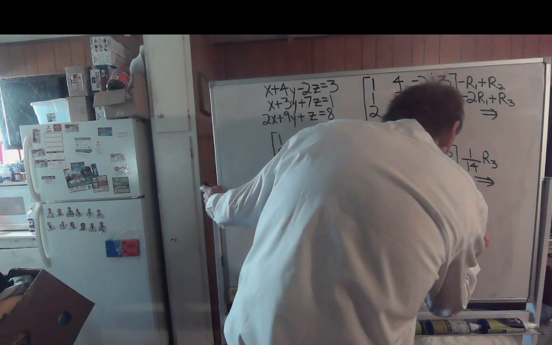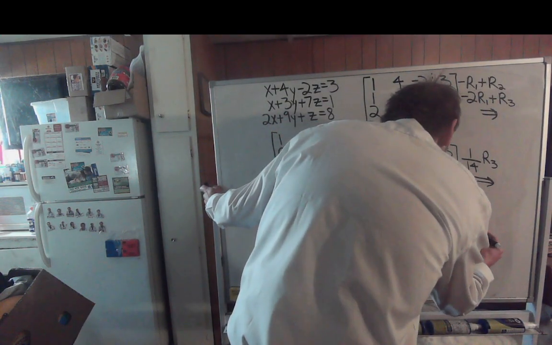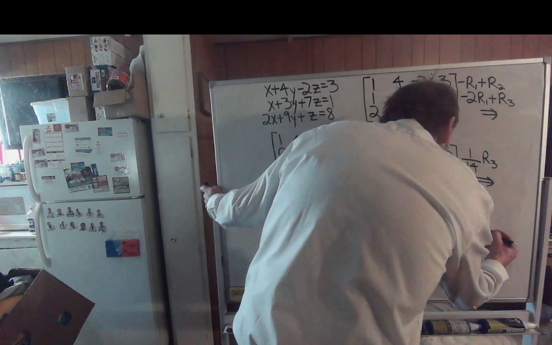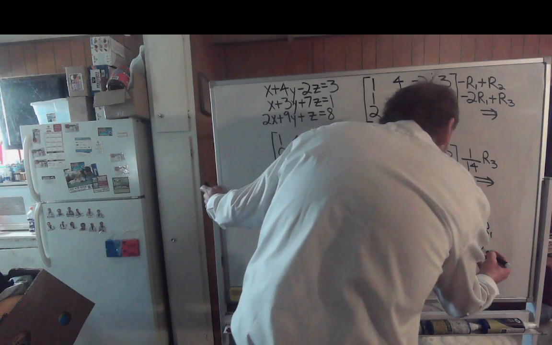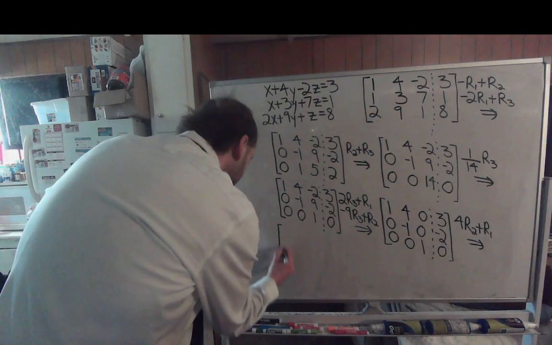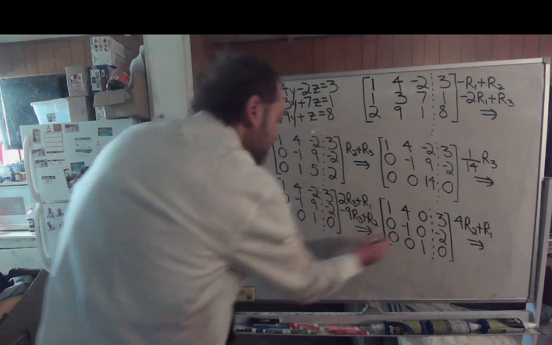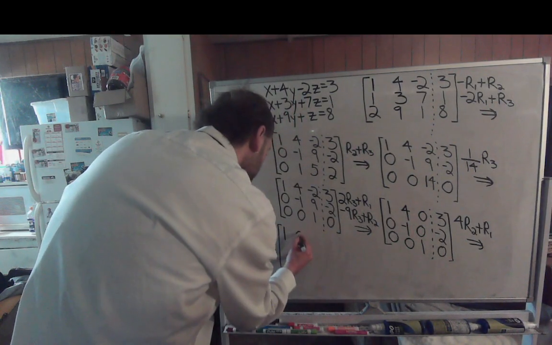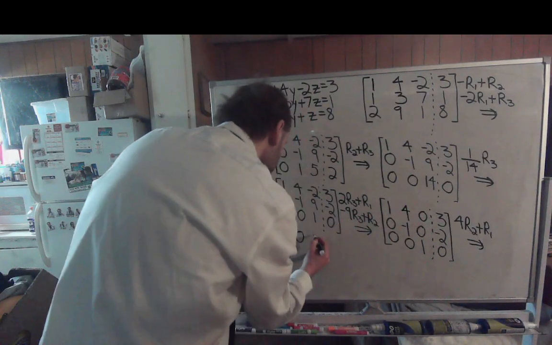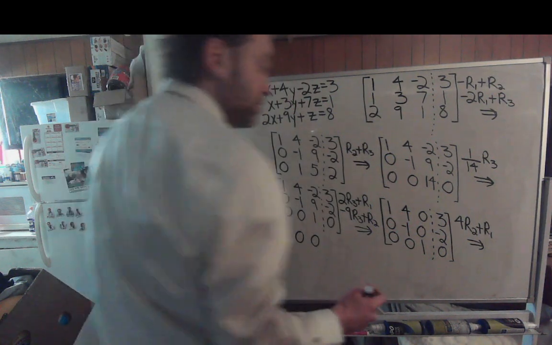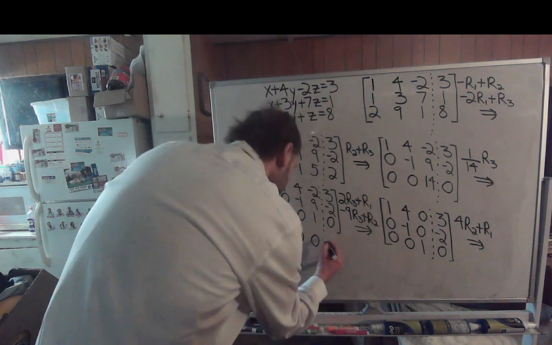So 0 plus 1 is still 1, negative 4 plus 4 is 0, 0 plus 0 is 0. 4 times negative 2 is negative 8 plus 3 is negative 5.